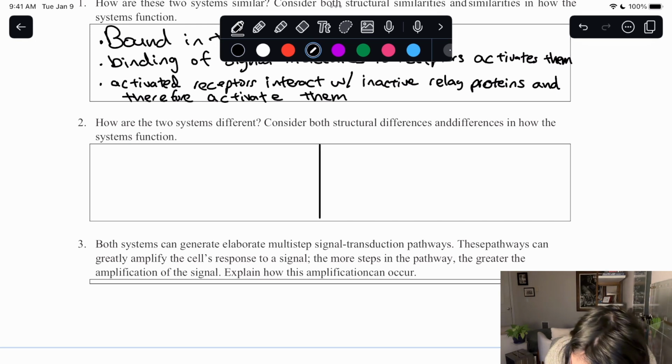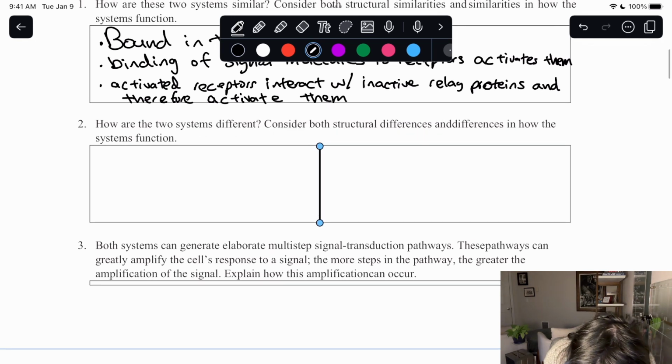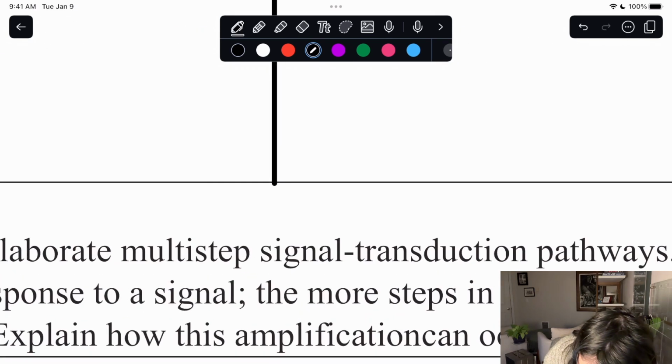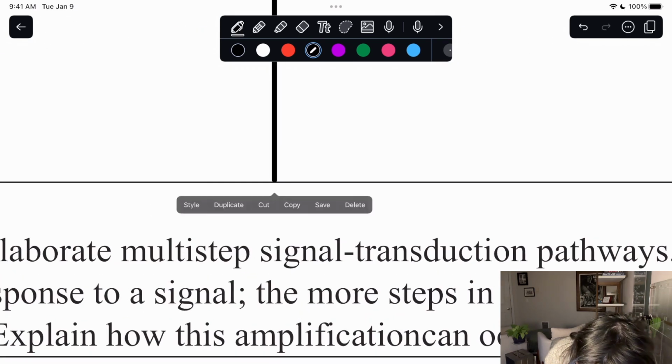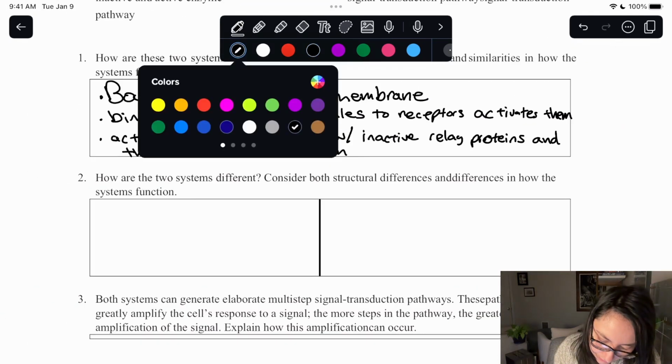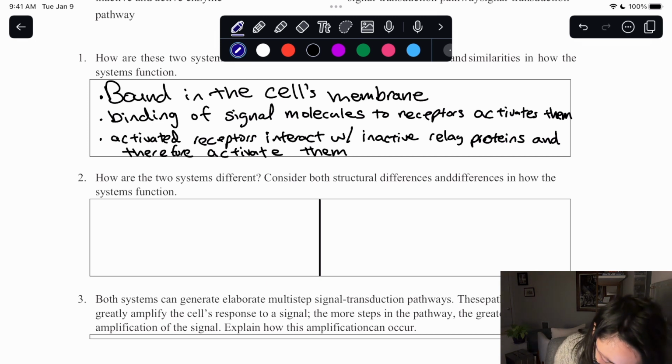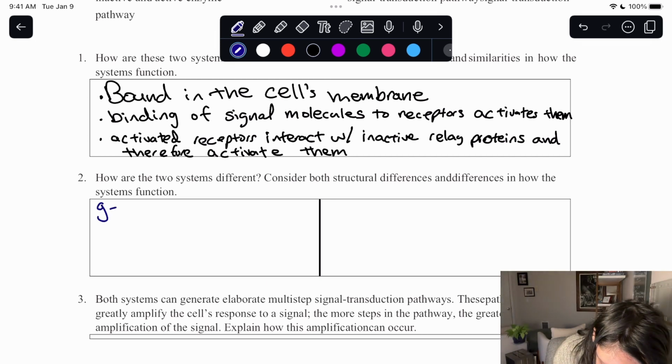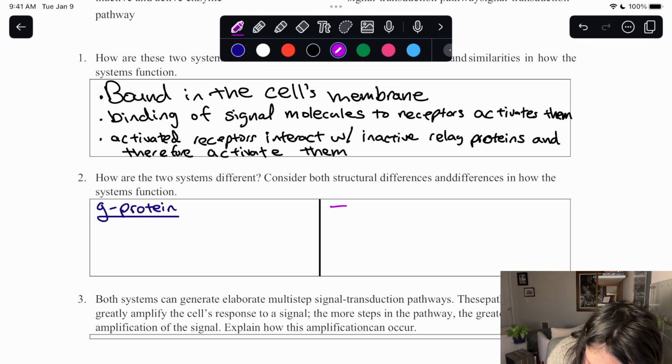So that way, and I'll just make that a little nicer looking, right about there. I'm a stickler for things looking slightly pretty. Okay, so we're going to put over here in blue color the G protein, and then on the right in magenta, we'll say for the TKR. So that's the tyrosine kinase receptors.